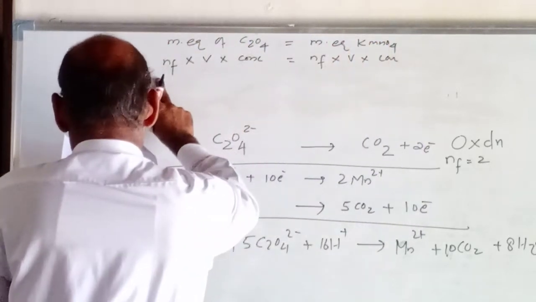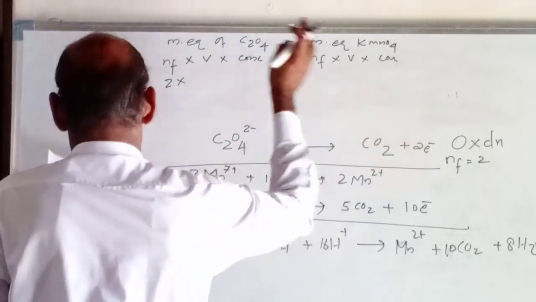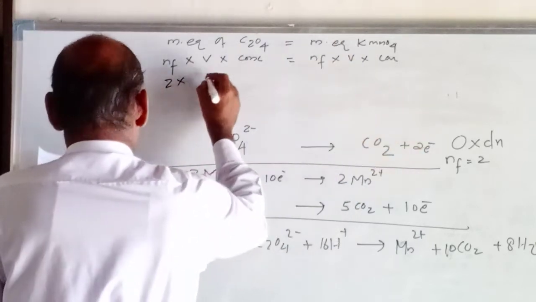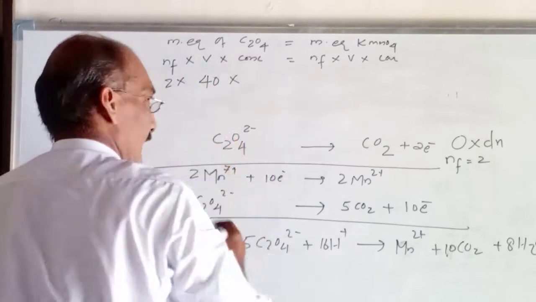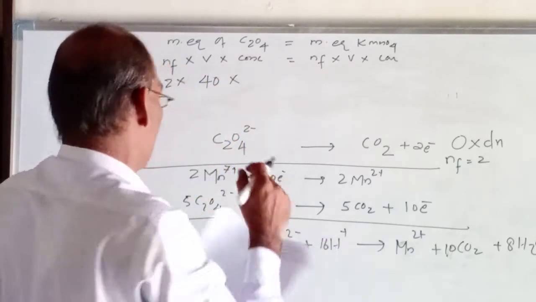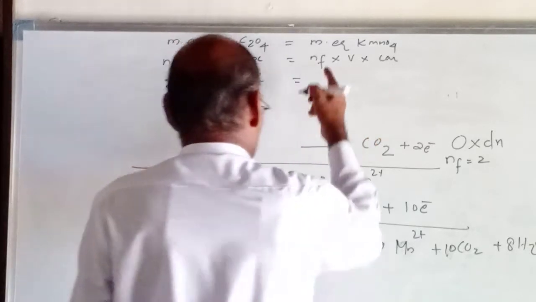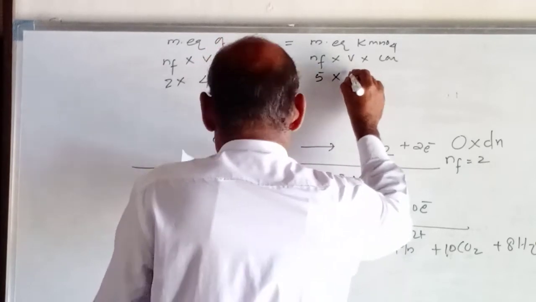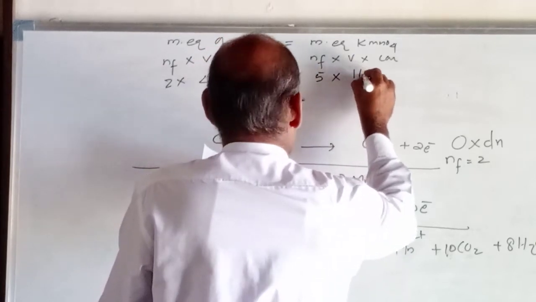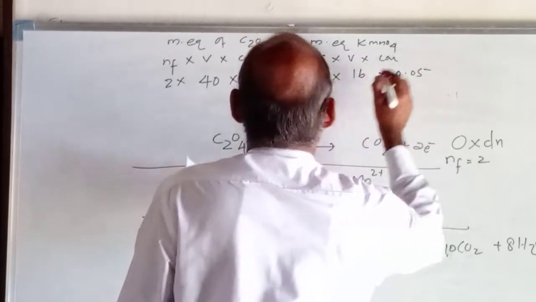Here in oxalate ion we can write NF factor 2, that we already discussed. And next, the volume of oxalic acid solution is 40 ml, it is given in the question paper. And we don't know the concentration, let us take it as X. Next, for manganese the NF factor is 5, the volume is given as 16 and the concentration is given as 0.05.